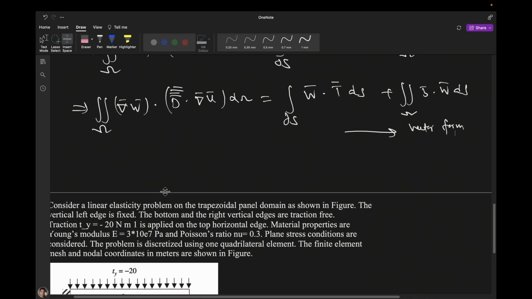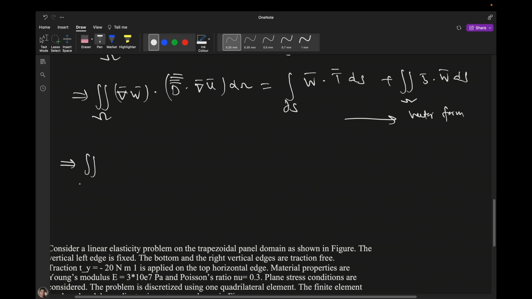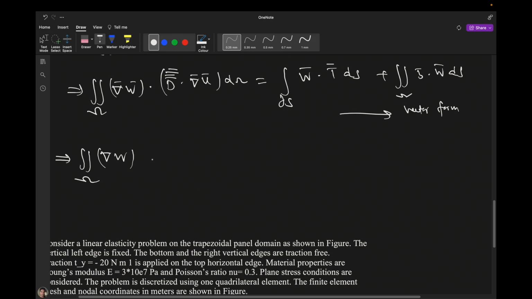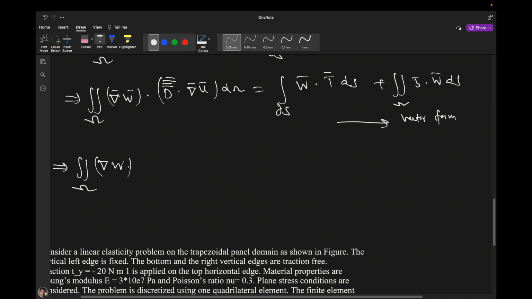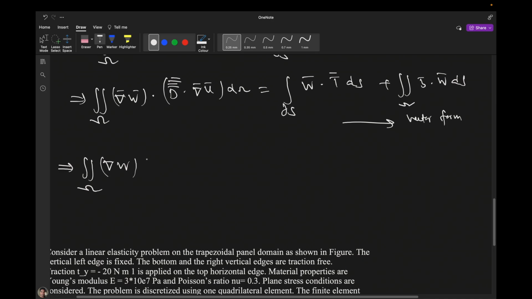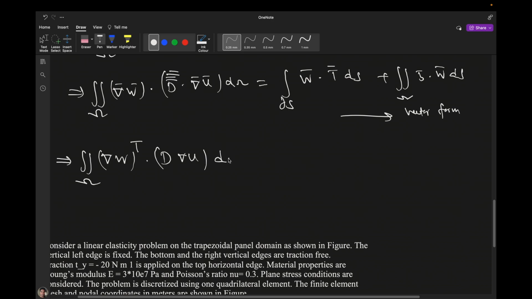If I want to write in the matrix representation, then we can also write it like this: delta W into ... So this is the representation in the matrix form.